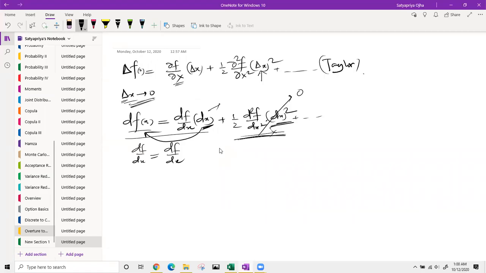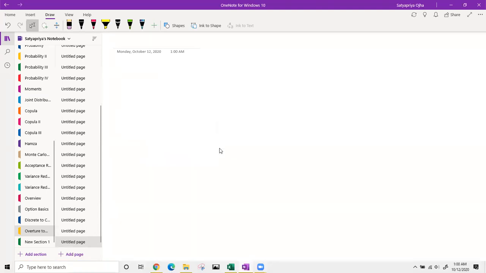All right. What happens in the case of Brownian motion? Something very fundamentally different. Brownian motion is a function of time. Let me take an example.